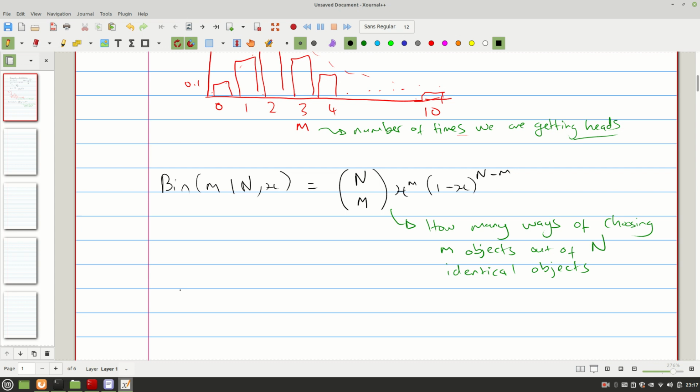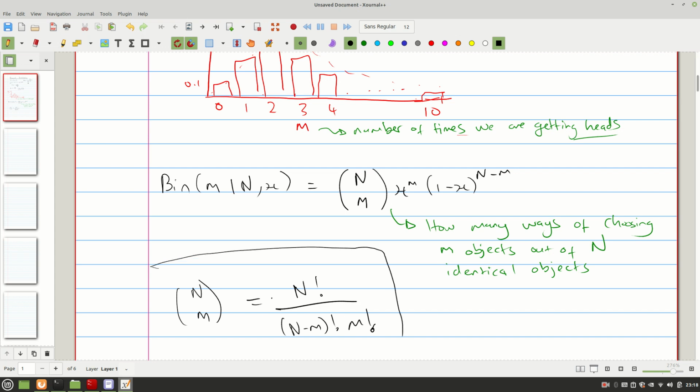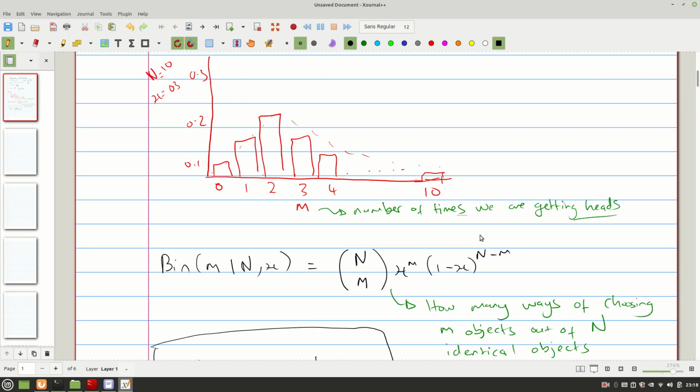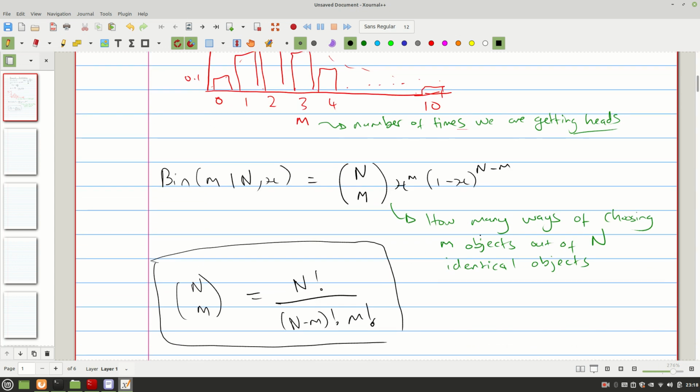So we can find n choose m, which is actually expressed as n factorial over n minus m factorial times m factorial. That's what this expression boils down to. If you want to actually find the value of this, that is all good and fine.